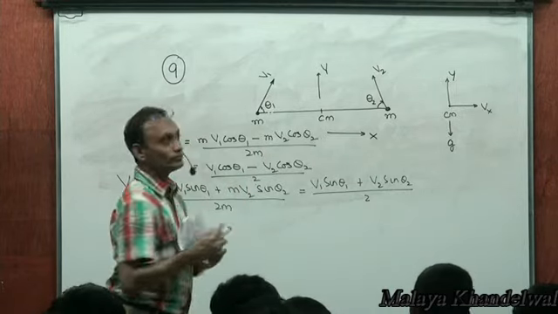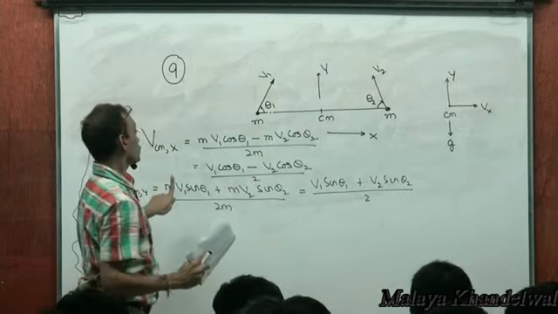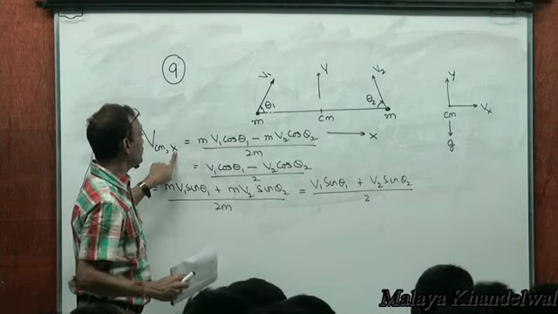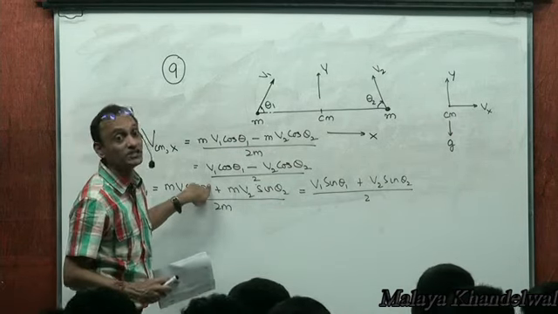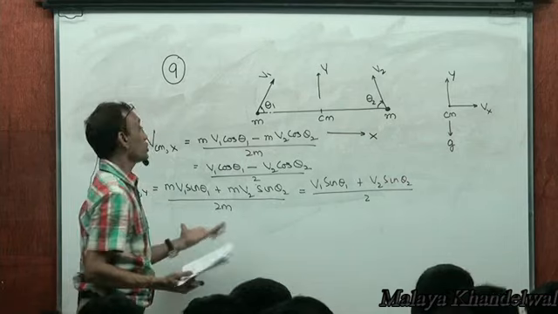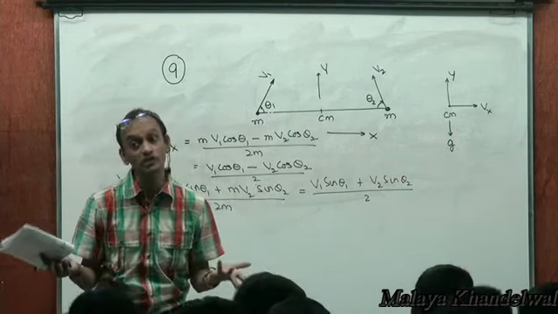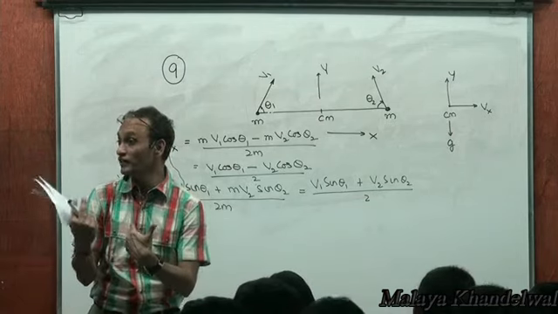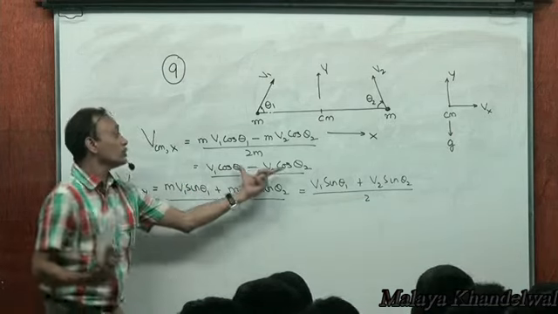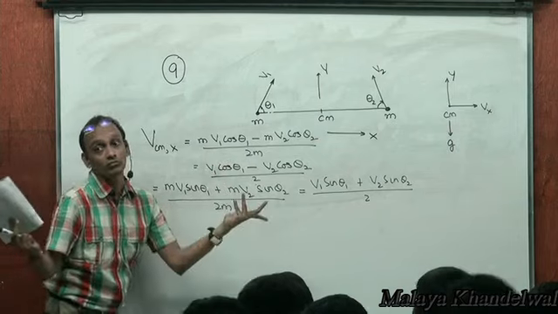Now realize that there is a prospect of VCM in the x direction becoming 0. That could be 0, isn't it? It's possible that v1 cos theta 1 minus v2 cos theta 2 be 0. That's a possibility. We could choose v1, v2, theta 1, theta 2 such that the numerator of this could become 0, right?